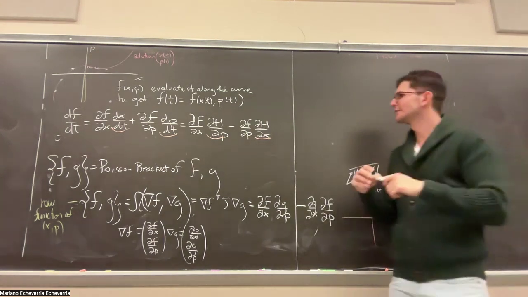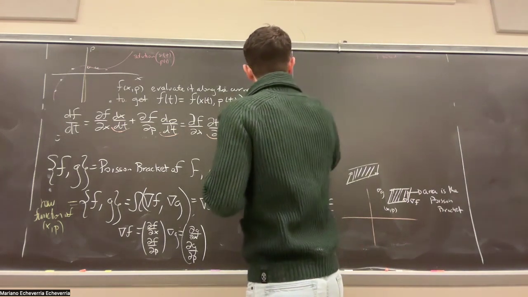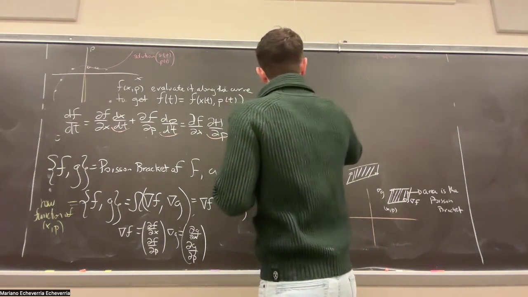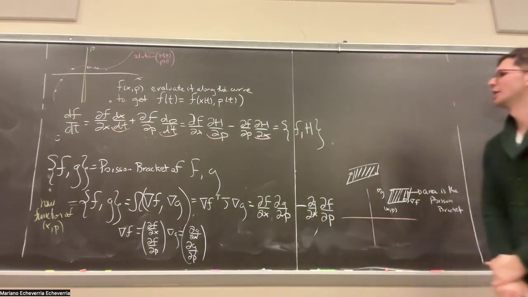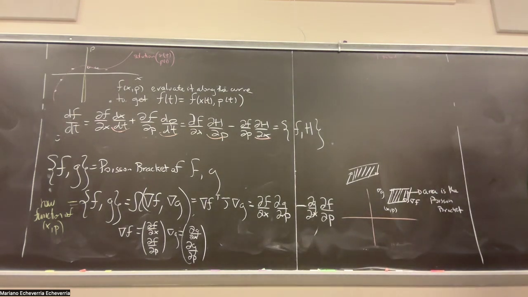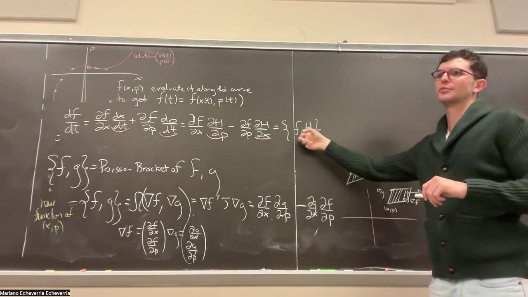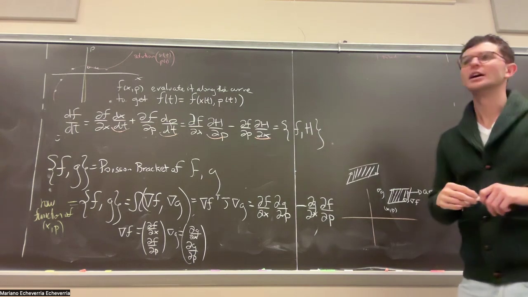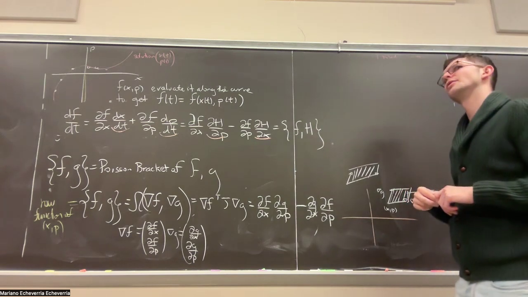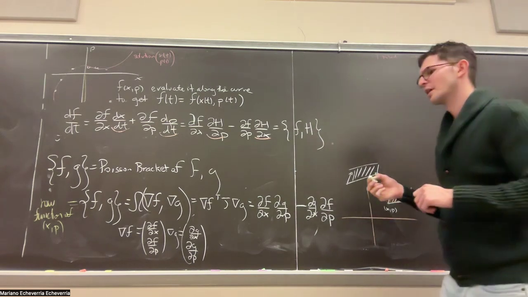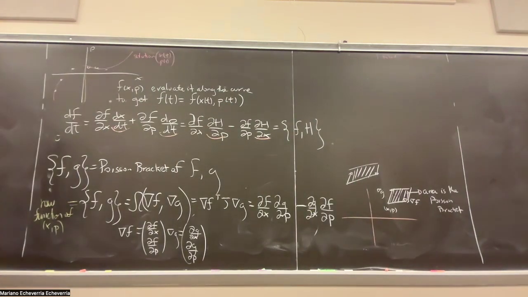So what this is saying is that if you have a function on phase space and you want to see how it changes along curves, the rate of change along a curve is the Poisson bracket between the function and the Hamiltonian. The important thing about the Poisson bracket is that it appears when you want to know how a quantity changes over time on phase space.